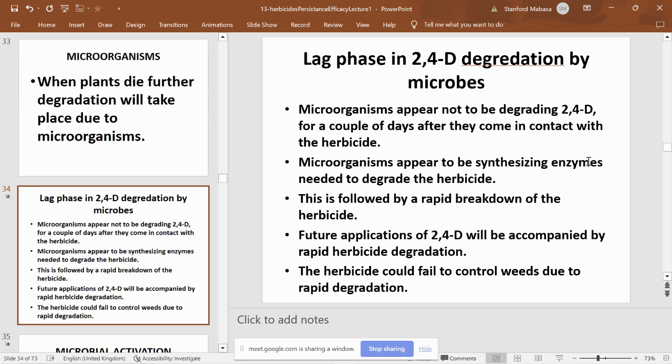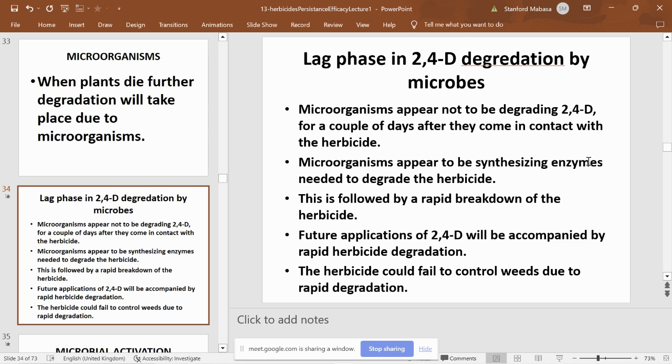Probably during this period, once the microbes sense that there's something in the environment, they will start to synthesize appropriate enzymes which are needed to degrade this herbicide. So, first season, your herbicide may work very well. In the second season, you may find that the herbicide could disappear rapidly because the microbes have now acquired the necessary enzymes which can break down these herbicides.